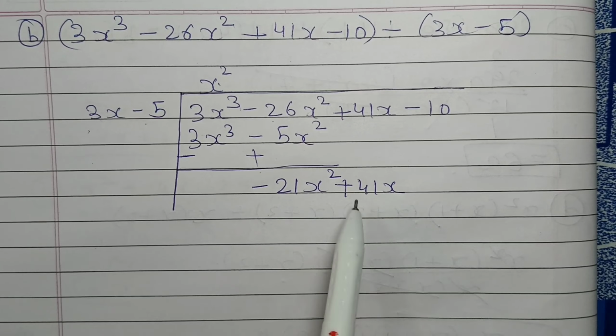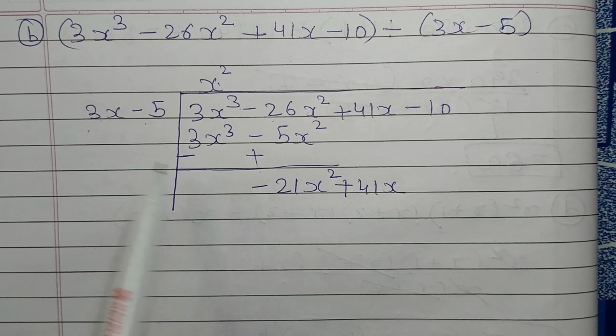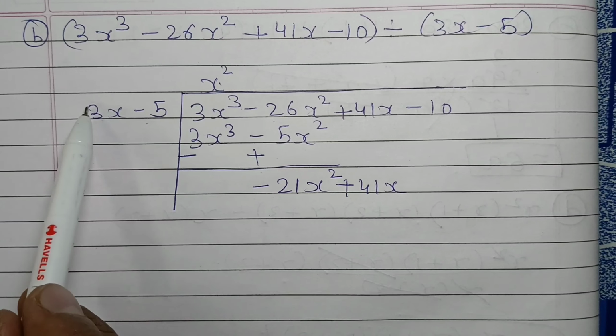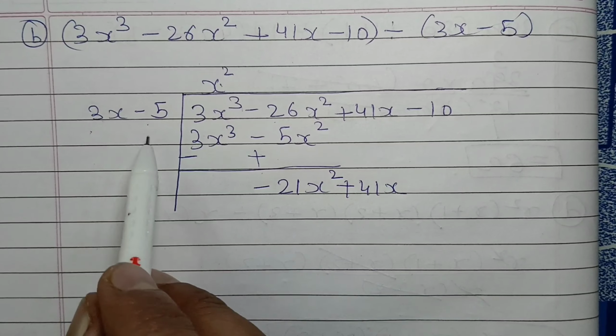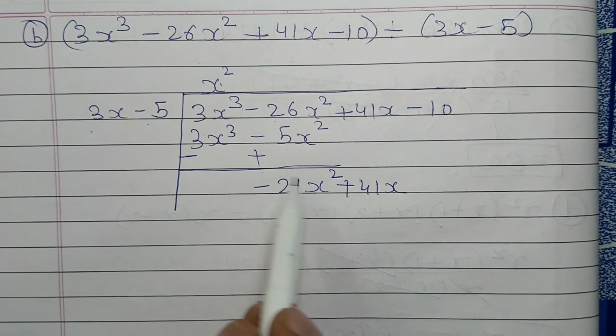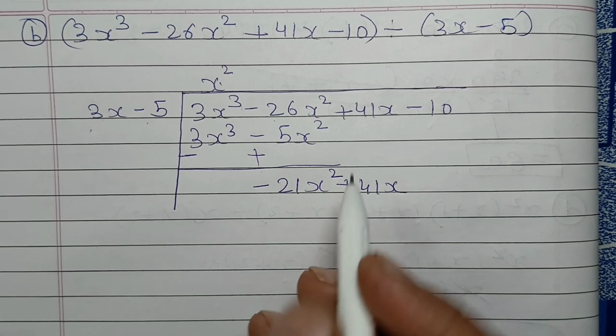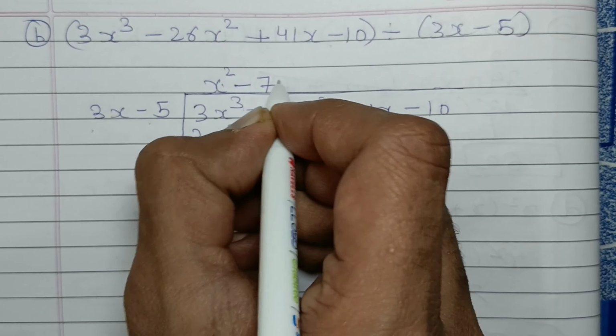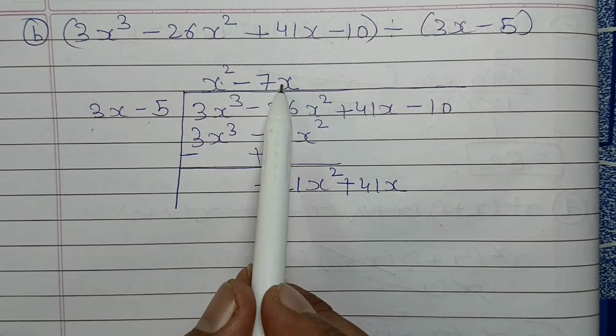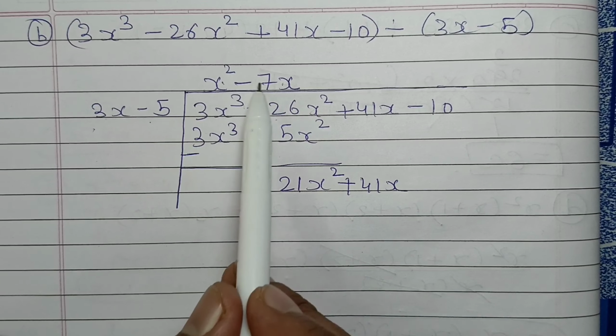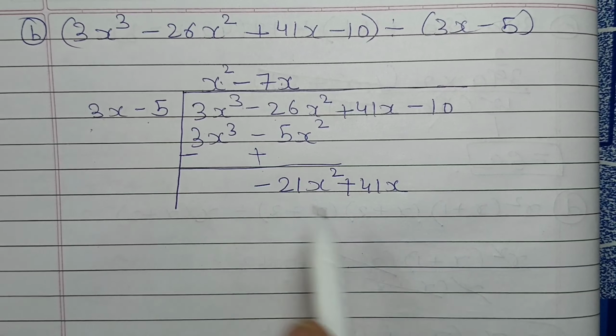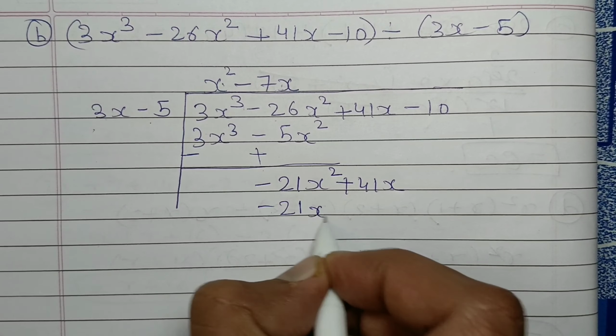Now I have to divide this first term with the first term of the divisor. So 3 7s are 21, minus 7x. If I multiply minus 7x with 3x, I get 7 3s are 21 and x square, so minus 21x square.